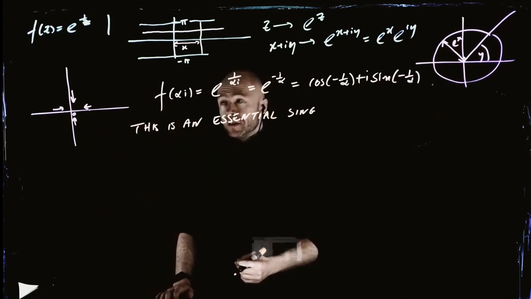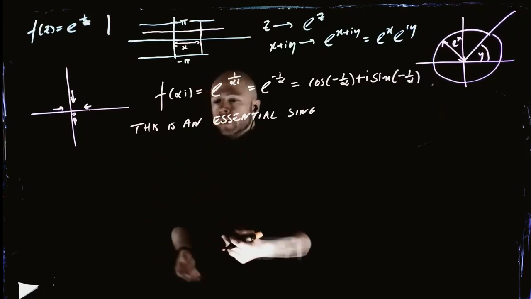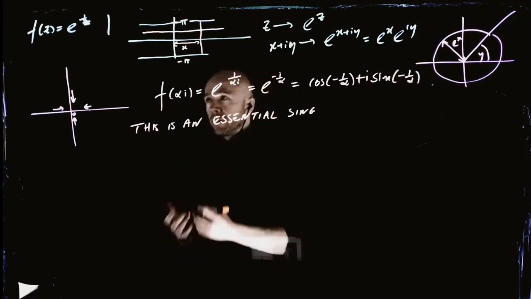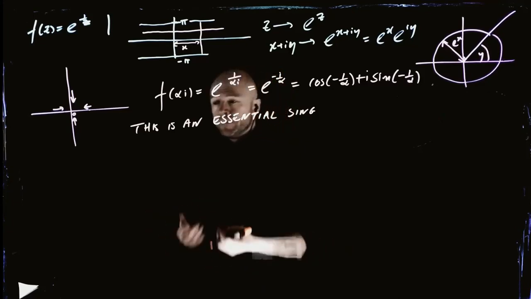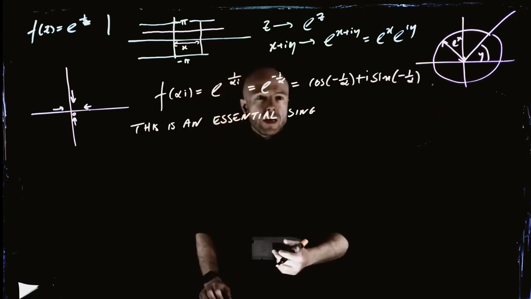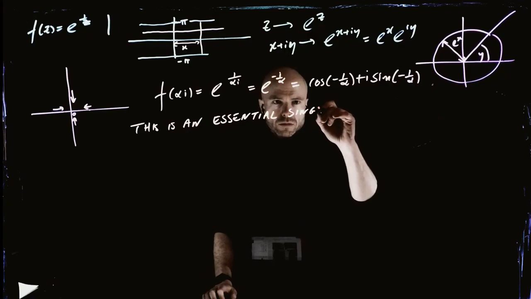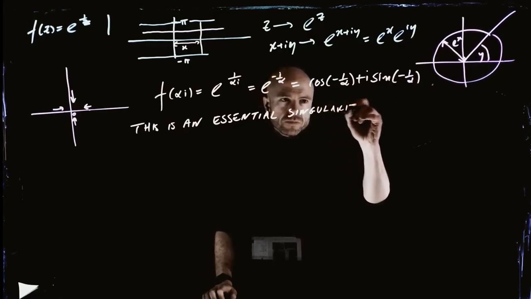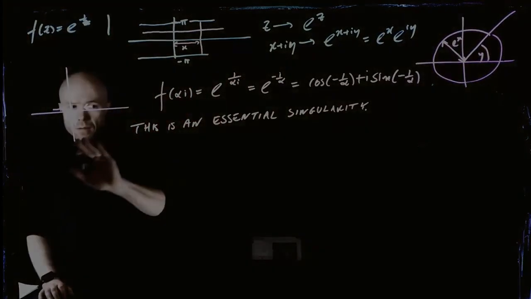These guys, we can't manage, we can't do anything with them. We can't control the function, we can't understand the function around these guys. We can prove some theorems about how wild they are, but when we have a function with essential singularities, many of the things we'd like to do are much harder. This is singular. Cool. All right. So that's what we're going to learn about in this section.